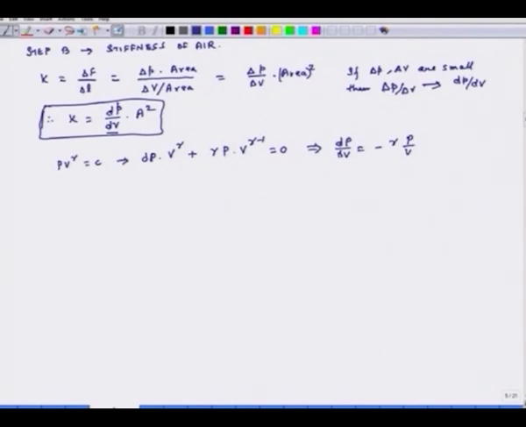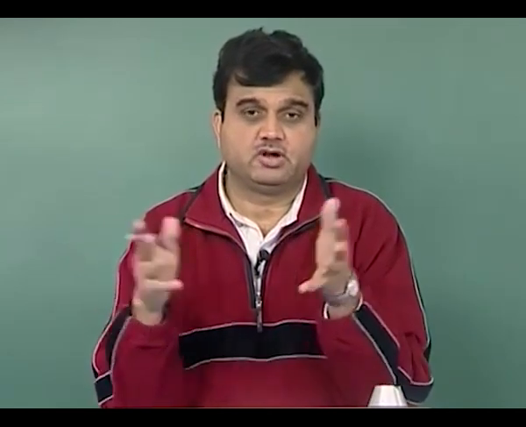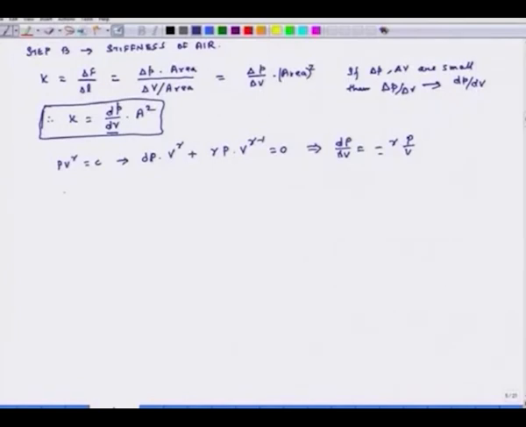And the negative sign, once again, as we saw earlier, indicates that as pressure is increasing in the system, volume contracts, and as pressure goes down, volume expands. So, that is the reason why I have a negative sign here. So, now in our case, P is equal to P naught plus incremental pressure, and that is 10 to the power of 5 plus 1388 pascals.